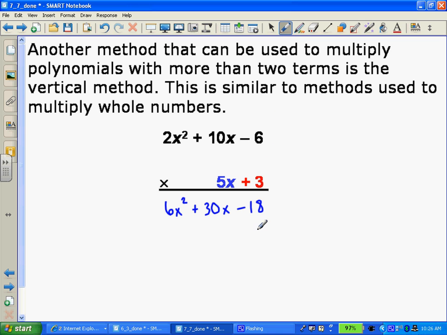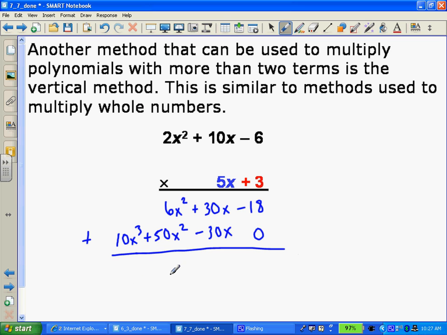Then 5x times, I've got my placeholder here, just like multiplication. So 5x times negative 6 is negative 30x. 5x times 10x is 50x squared. Notice I'm lining up my like terms. And then 5x times 2x squared is 10x cubed.